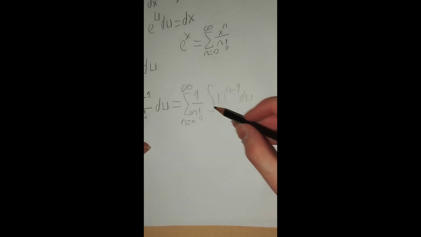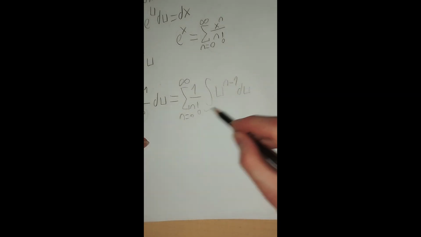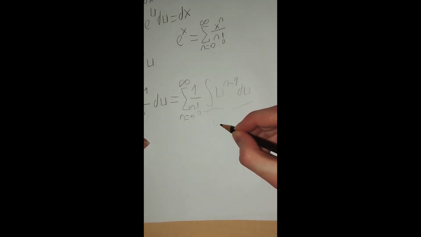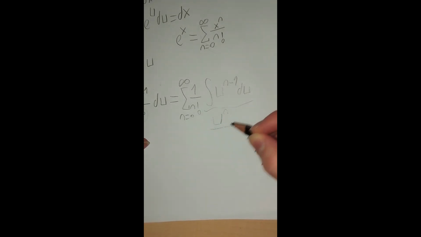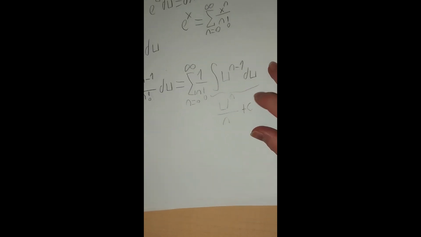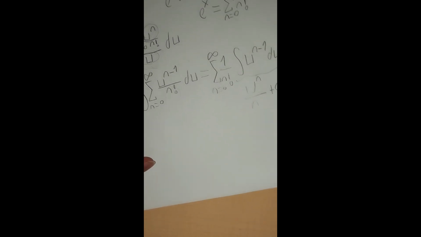Okay, well, I think we can all solve this integral and get u to the nth power divided by n plus c, constant. And let's write our final equation.